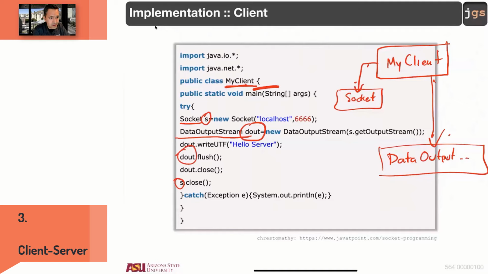So just because they exist and they are being used, association, the solid line with the arrows, and hopefully we agree about the direction of the arrow, right? From my client to socket, from my client to data output stream. Clear. Obviously, you need to review the specifics about the functionality, but for our purposes, the class diagram is more important. So any question, guys?